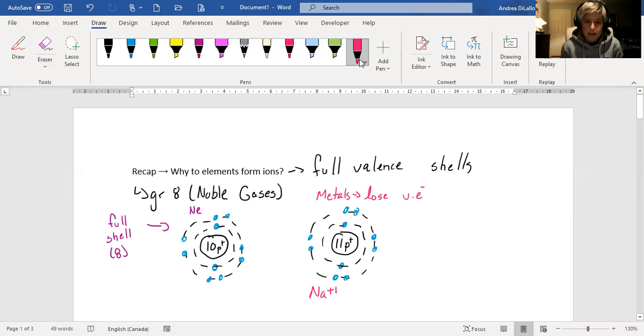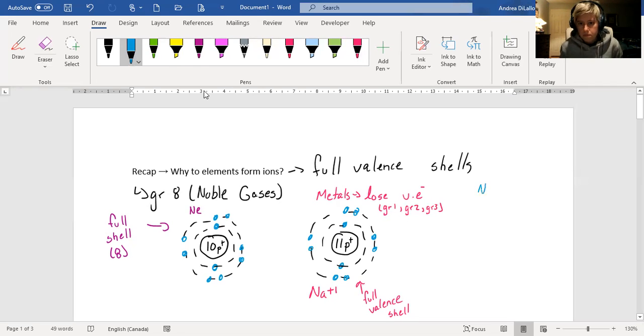But we can see that it now has a full shell, and it now has the same electron configuration as its nearest noble gas, which is neon. So metals will lose valence electrons. This is going to be group 1, or alkali metals, group 2, or alkaline earth metals, and group 3.